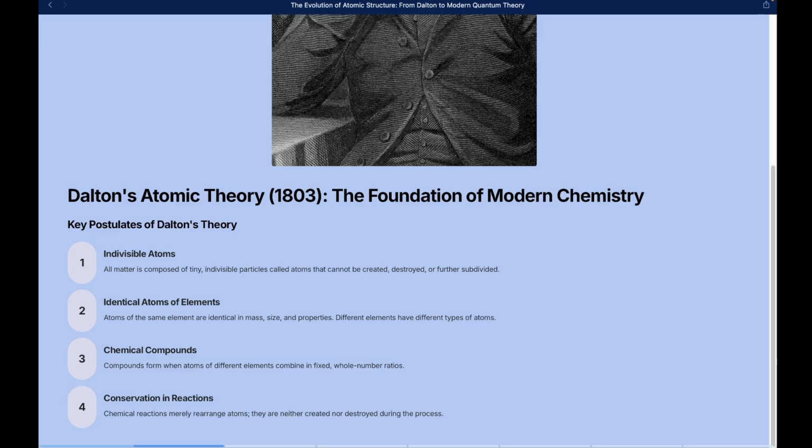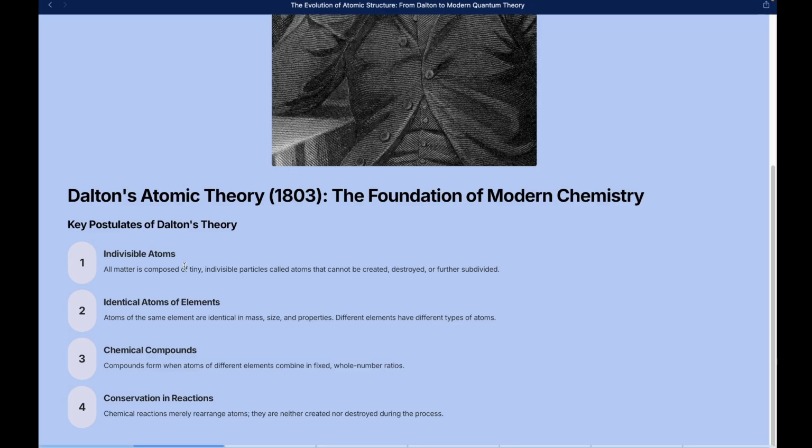In my previous video, I had already explained this concept, but let's quickly go over it again for better understanding. Here are a few points which cover Dalton's theory. First is indivisible atoms. Atoms are indivisible and indestructible.